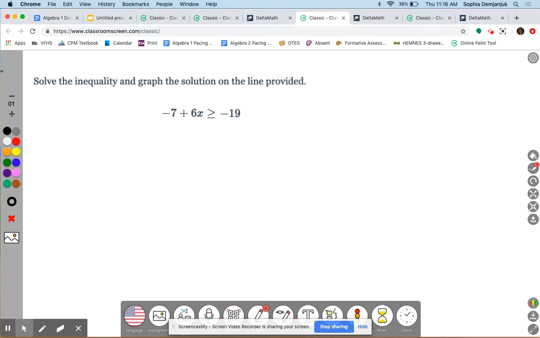We're going to do the same thing with this next example. -7 plus 6x is greater than or equal to -19. I want to get the x all by itself. My first step is going to be to get the -7 to the other side.